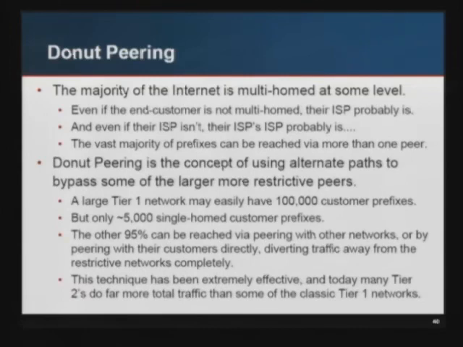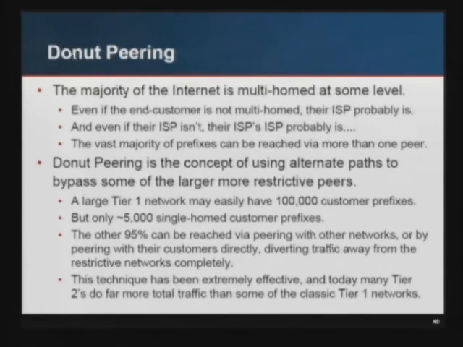And it turns out that this technique is actually really effective. And what you see today is a lot of Tier 2 networks that do more traffic than the classic Tier 1s. So what you end up seeing is that the Tier 1s become the stronghold of, we're going to hold on to this restrictive peering, we're going to charge a premium for this traffic, you have to use us to get to this 5%.